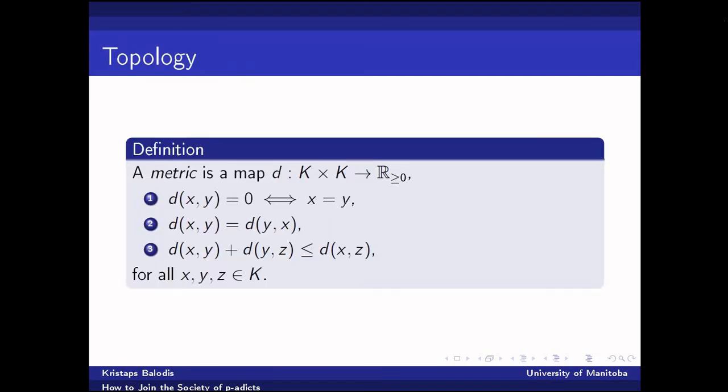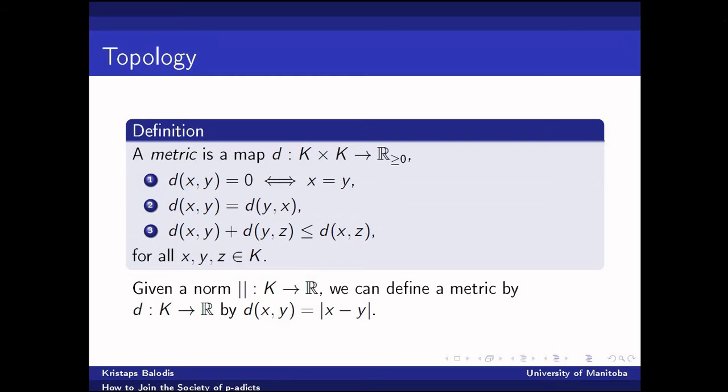Okay, so whenever you have a norm, we also get a very natural metric coming from that norm. First, a review of what it means to be a metric: the distance from x to y is 0 if and only if x and y are equal. Of course, it's symmetric, and it also satisfies a triangle inequality.